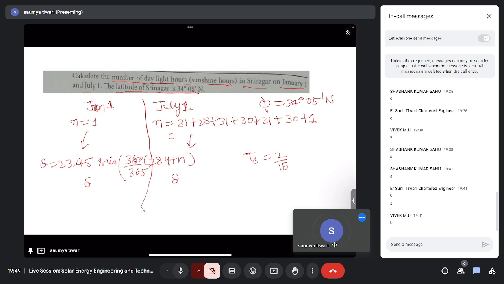Just a minute. I hope this process is clear. Note that the 34 degree and 5 minute will be converted into degrees as 34 plus 5 by 60, so this will come to 34 point something in degrees, right? This is how you approach the question.